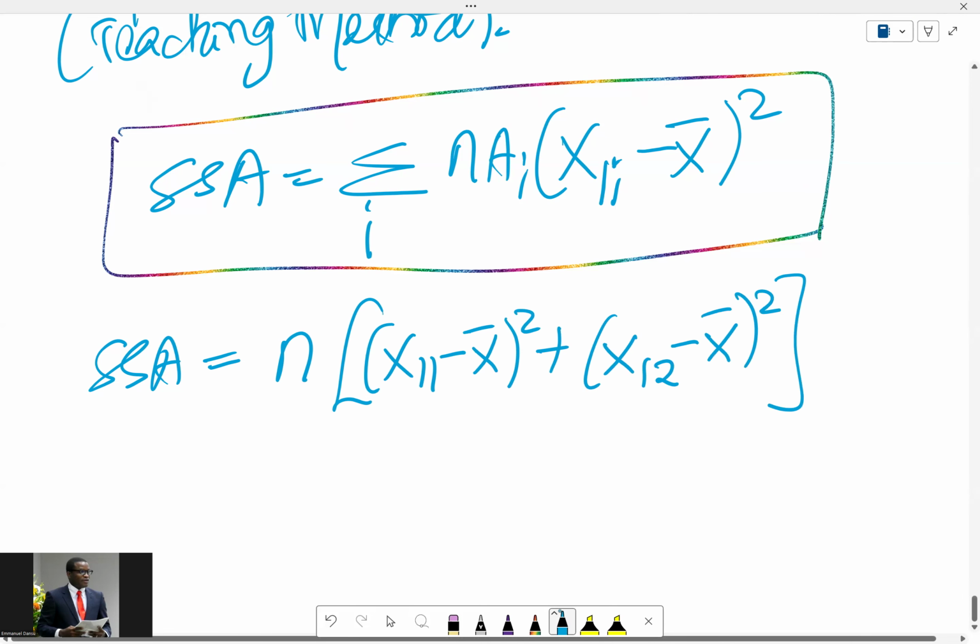Or better still, I can say XA1 or XA2. Just know what you're using.